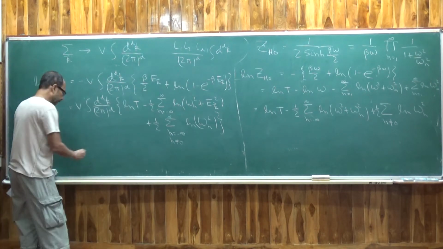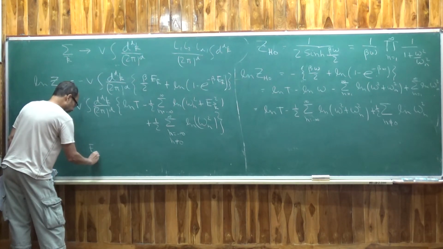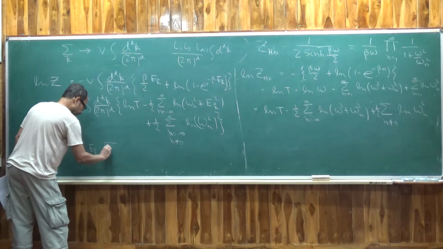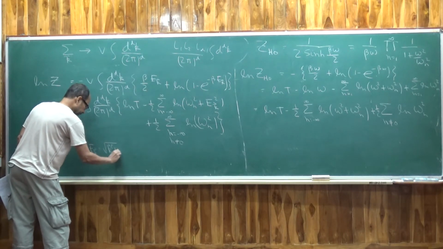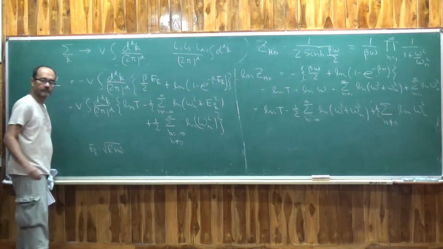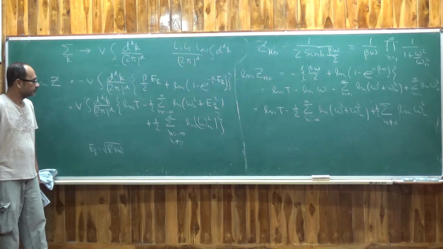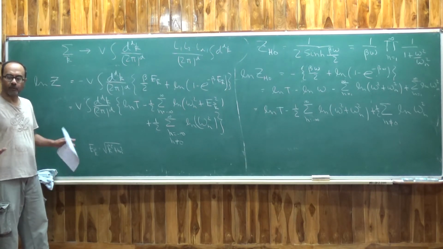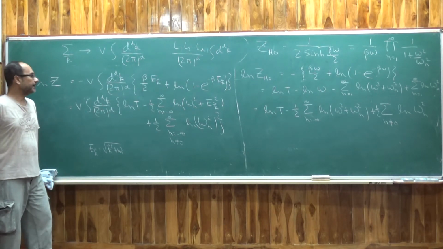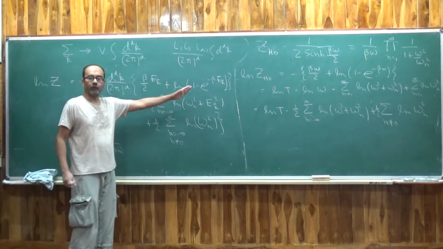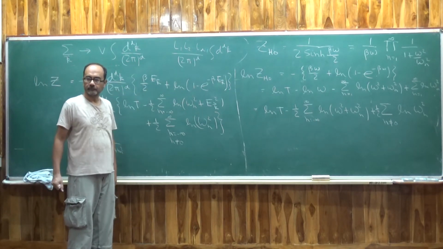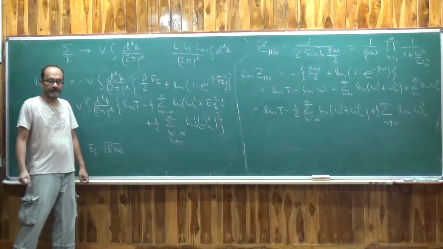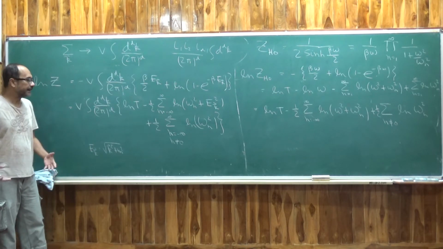Yes, E_k, let me remind you again, E_k is the square root of k² plus m². Is this okay? I just used the formula for the harmonic oscillator and then summed over all k to get the full expression for log Z. For Z it should have been the product over all k.